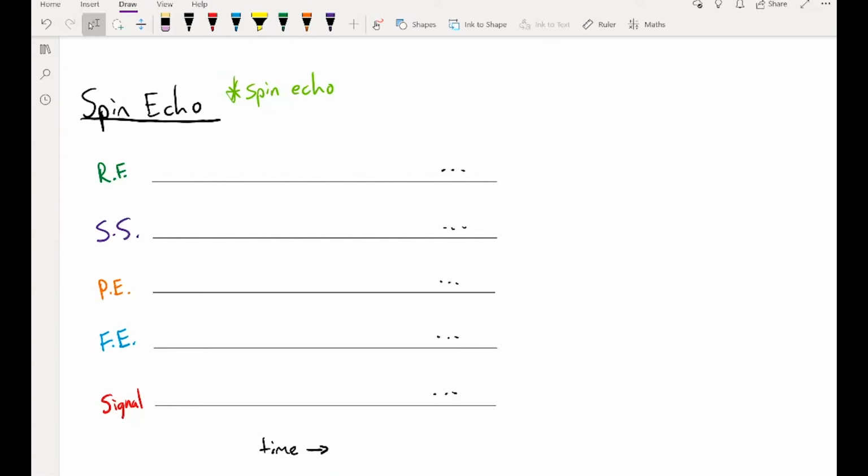And then those that are spinning faster will be behind in phase, and those that are spinning slower will be ahead in phase. And this helps things to all rephase naturally.